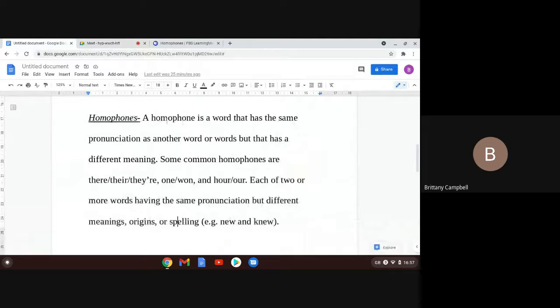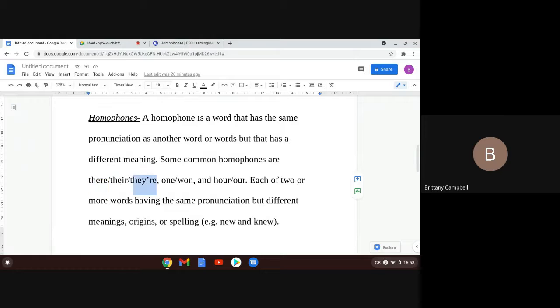So when we talk about a homophone, let us read together. A homophone is a word that has the same pronunciation as another word or words, but that has a different meaning. And I think we touched on some of these yesterday, right? So this is really to recall. Some common homophones that we tend to use are there, as in THERE, there, and there.